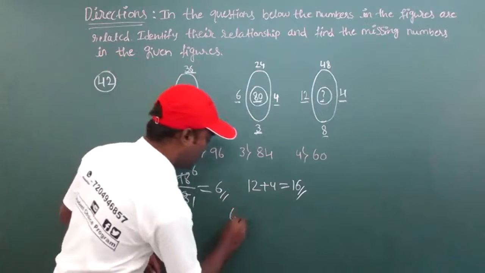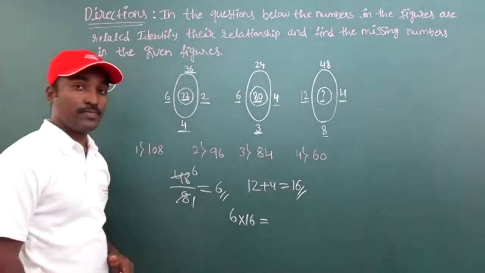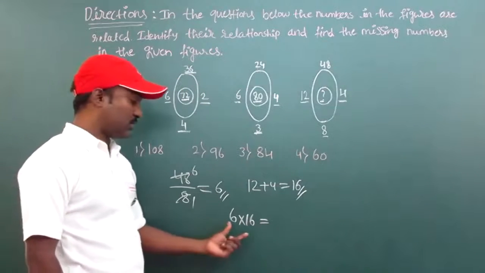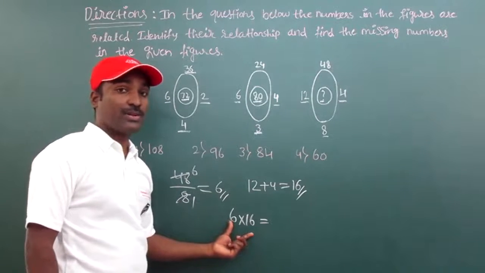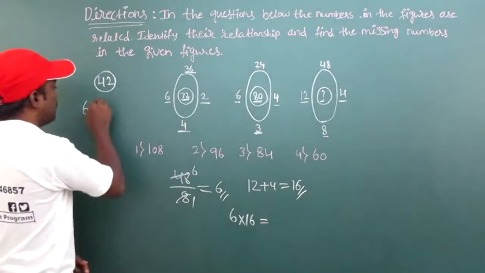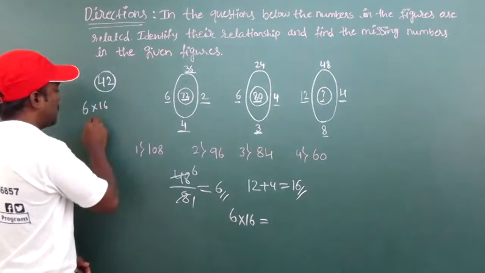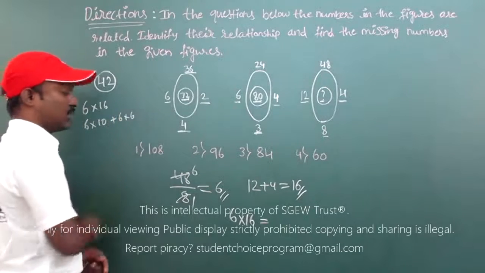6 into 16. What is 6 into 16? If you know 6 into 16, it is good. If you don't know, use the split and merge technique. You can write 6 into 16 as 6 into 10 plus 6 into 6.